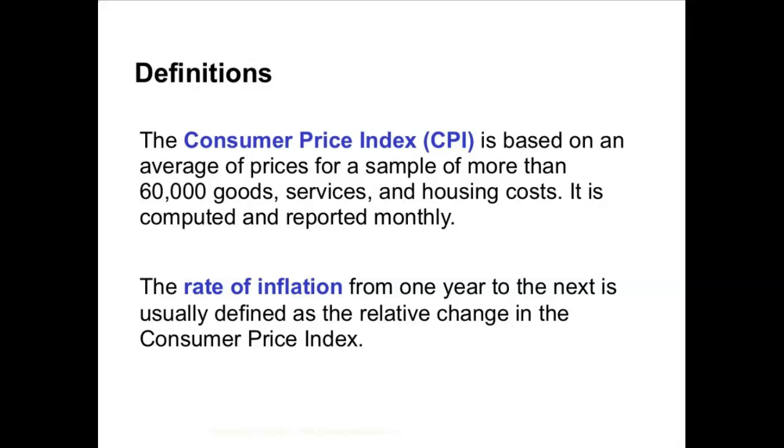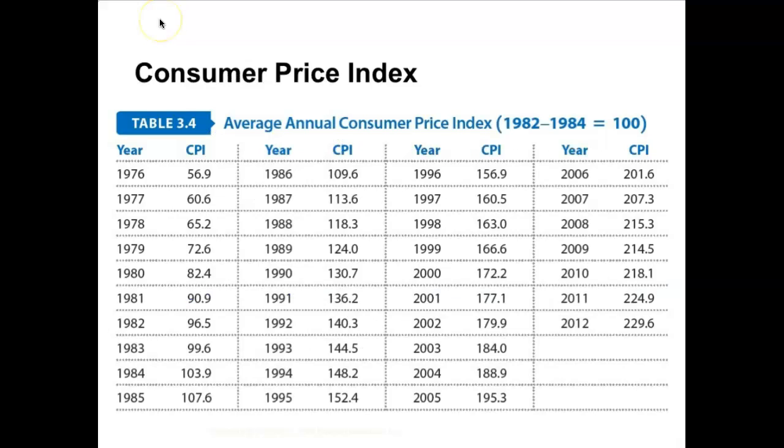All right, I'll give you a moment. These are important definitions, so make sure you get them down. So here's a table of consumer price indices for the years 1976 through 2012. And I think this book was published in like 2013, which is why it only goes to there. And it's using an average of the years from 1982 to 1984 as the reference value.